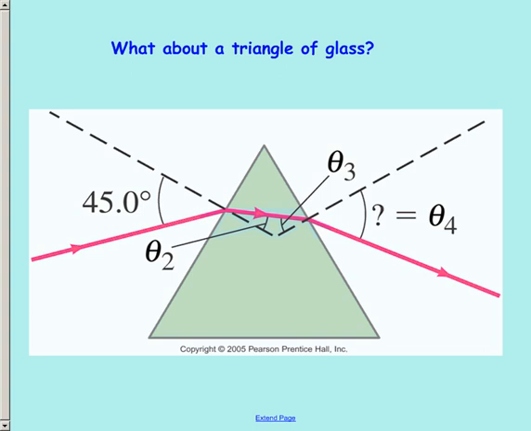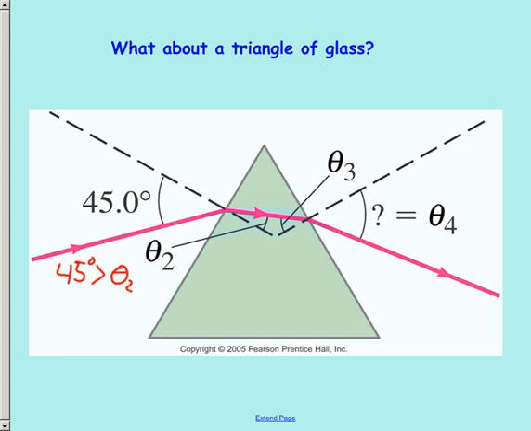Well, if it's going into glass, it bends towards the normal. So all we know is that 45 degrees has got to be greater than theta 2. We could figure out what it is from Snell's law, but the important thing is we know it bends, in this case, down a little bit.